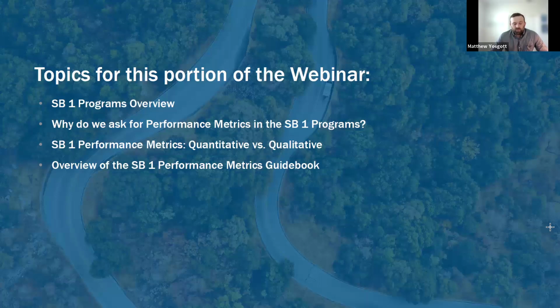And then lastly, I will provide an overview of the SB1 Performance Metrics Guidebook, which is a guiding tool that the Commission and Caltrans partnered on developing, which has now become a resource for our potential applicants and members of the public, dating back to the 3rd cycle of the SB1 programs. Next slide, please.